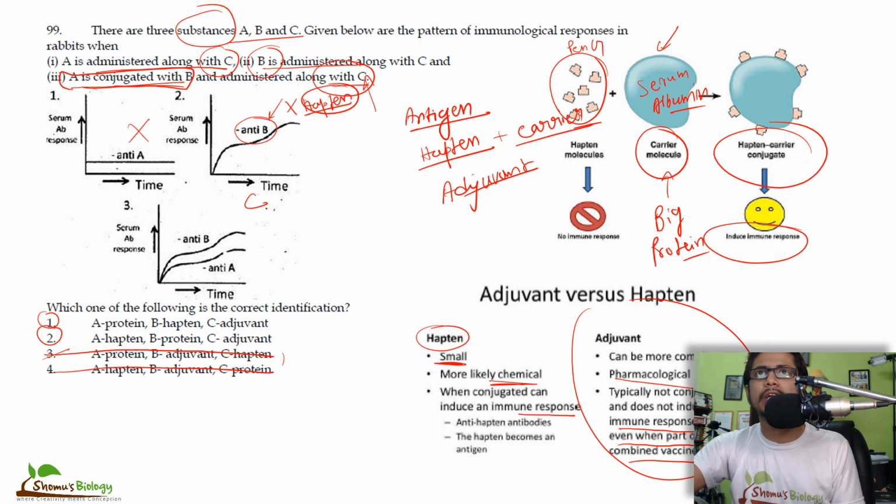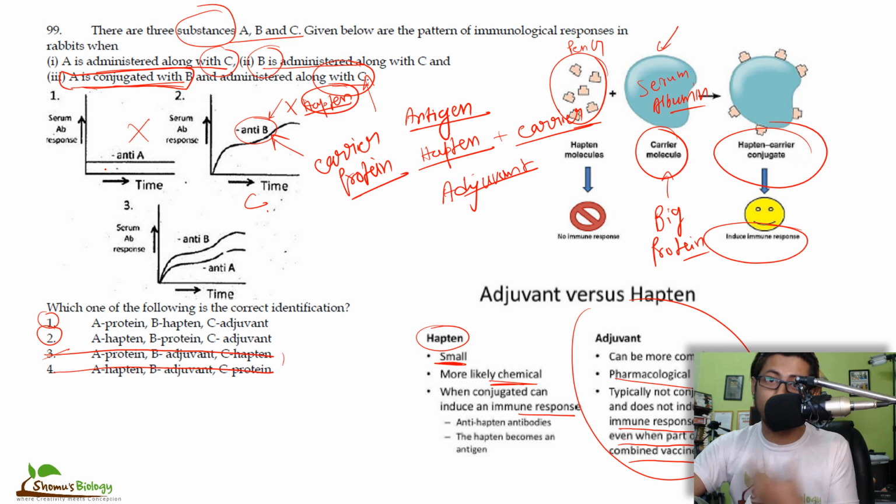C is adjuvant, B is not hapten, so B is the carrier protein. If B is protein, then who is hapten? The only one left is A. That's why A failed to elicit any immune response, even in the presence of C. So A is a hapten, B is a protein, C is adjuvant. So option 2 is the correct option.